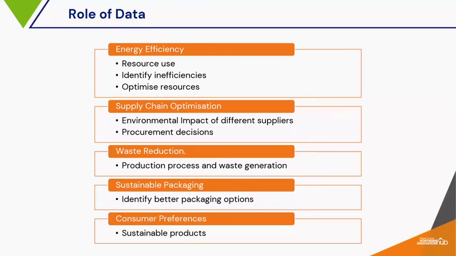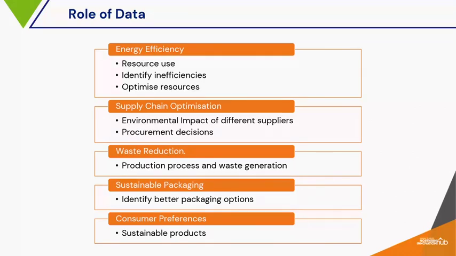Again, data can help predict future climate scenarios, as we said before, and the potential impact on operations. So these will allow business plans to be shaped accordingly and to take appropriate measures for adaptations. And also in terms of consumer preferences, it can help manufacturers understand the demand for sustainable products and adapt their offerings accordingly.